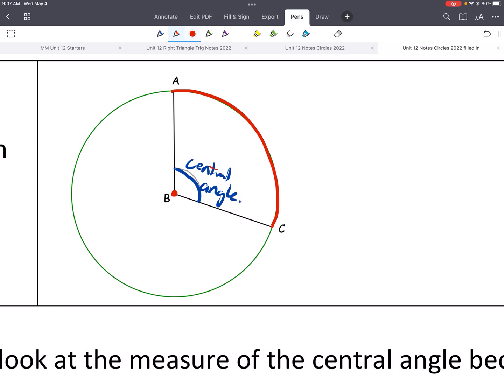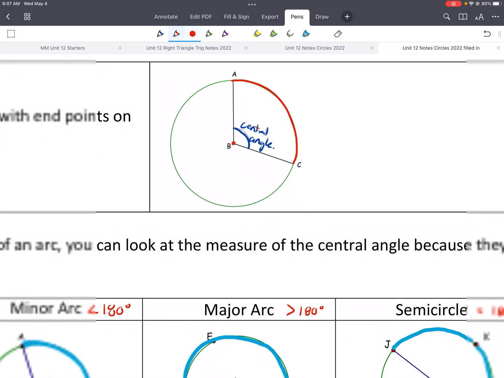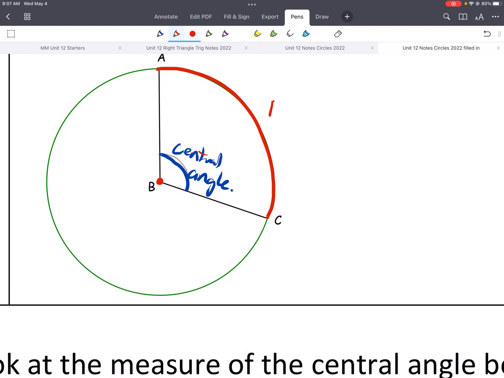All right, and with a circle, we also have something called an arc. Okay, so there is a relationship. If you have a central angle, how is it related to the arc? An arc is also a measurement, it's also an angle.